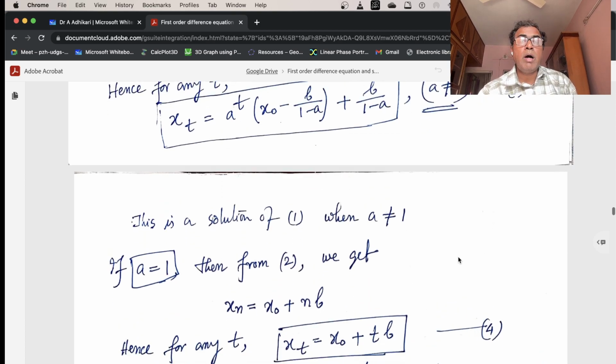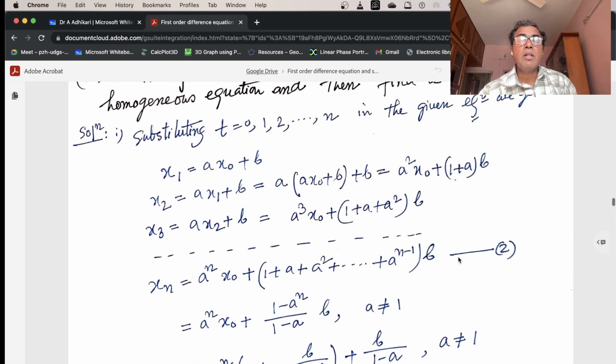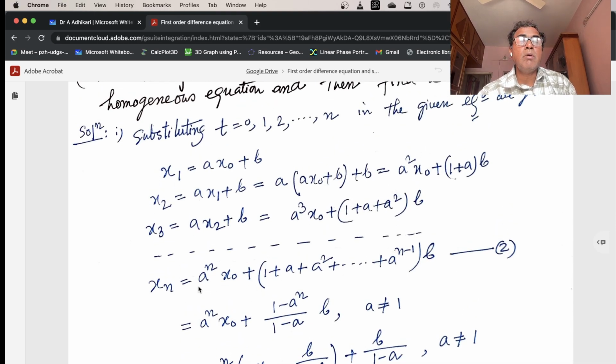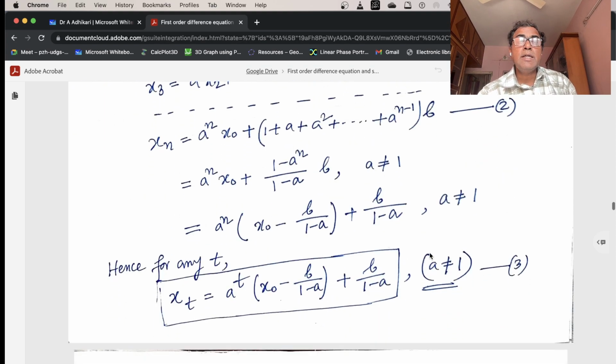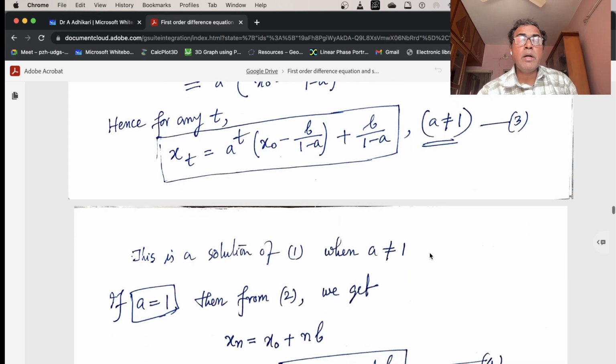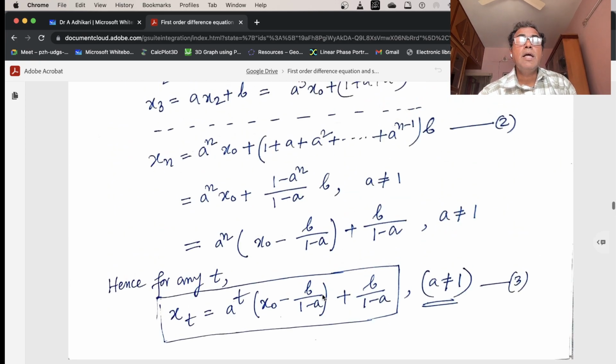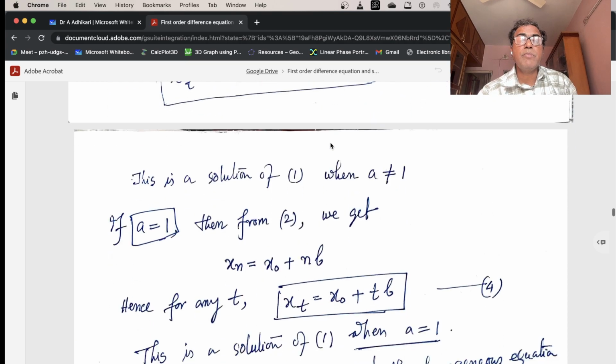If a equal to 1, then from equation 2, the solution is x_n equal to a to the power n x0 plus (1 plus a plus a square plus up to a to the power n minus 1) into b. So putting a equal to 1 here, we get x_n equal to x0 plus nb, because here there are n terms each equal to 1, so we get n into b.